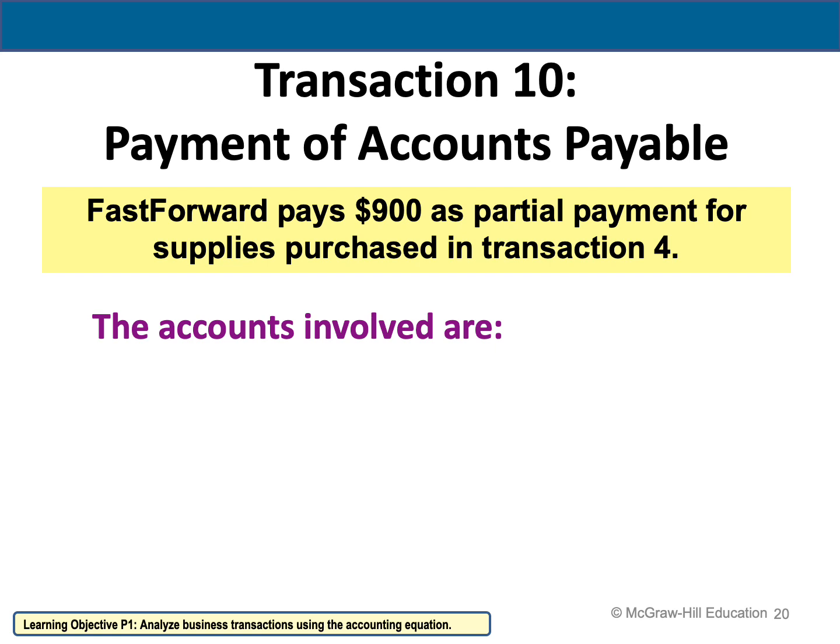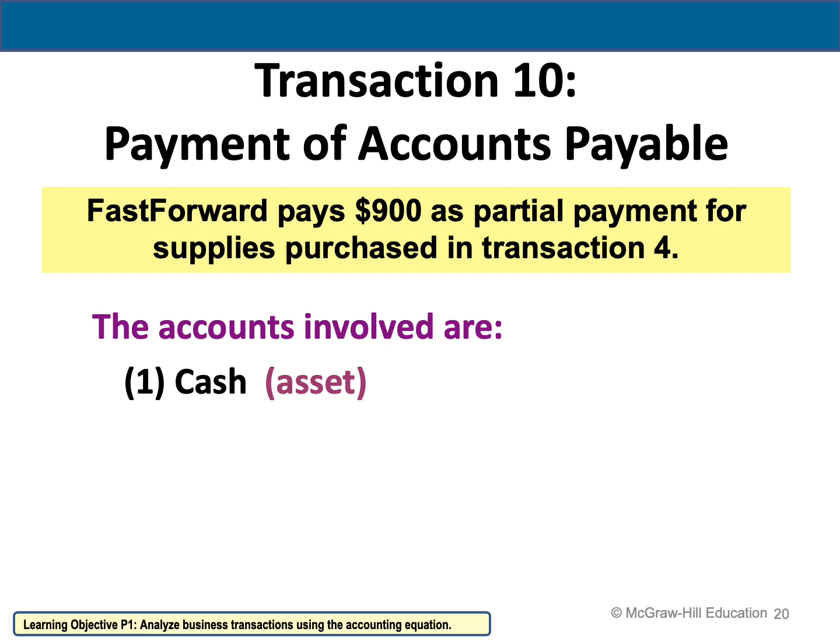So now, as a company in transaction 10, I'm going back and I'm going to pay the 900. Why am I paying the 900? Because I already purchased the supplies on credit and I have a liability to pay it. You have to remember one thing: if the company is going to make a payment, it means the cash is going to decrease, and cash is an asset.